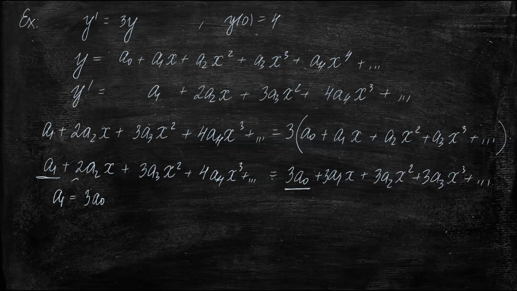Then we're going to be looking at the coefficient of x on the left and then the coefficient of x on the right. So 2a2 must be equal to 3a1. Then we're going to look at the coefficient of x squared on the left and the coefficient of x squared on the right. So we have 3a3 must be equal to 3a2.